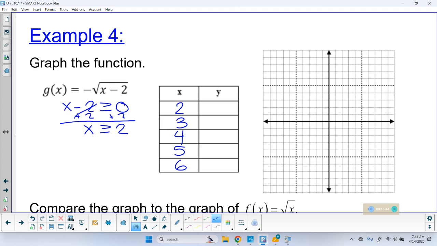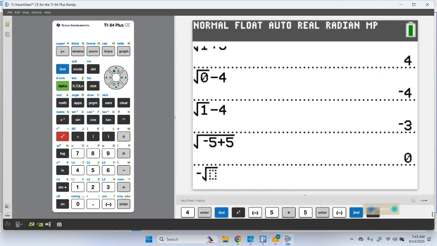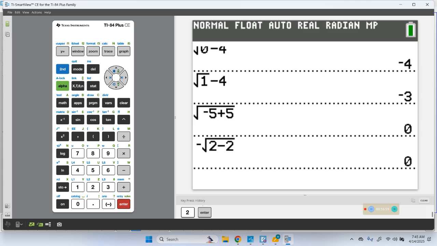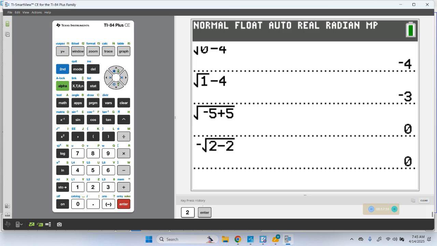Now from there, we have to plug it into the equation. So if you plug in 2, it'd be negative square root of 2 minus 2. And again, you can just plug it into your calculators. So we would do negative, and then square root, 2 minus 2, and you end up getting 0. So first y value is 0. If you plug in 3, negative square root, 3 minus 2, plug it into our calculators.